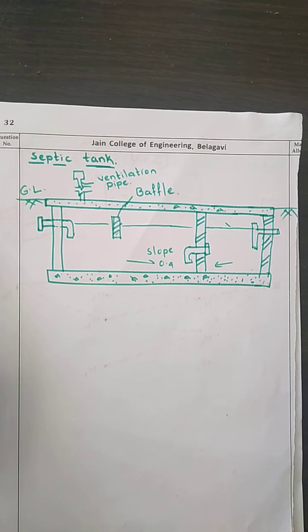Hence it is going to require an area of around 0.92 square meters for every 10 liters per minute of the peak flow rate. And the sludge digestion is going to take place in an anaerobic condition.